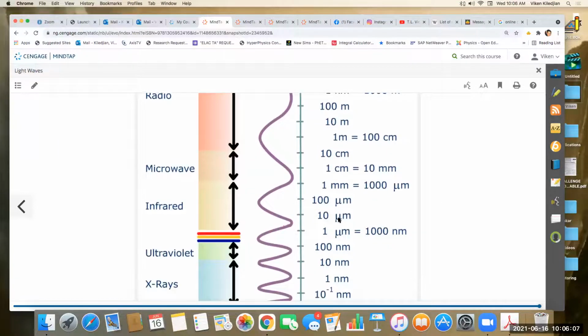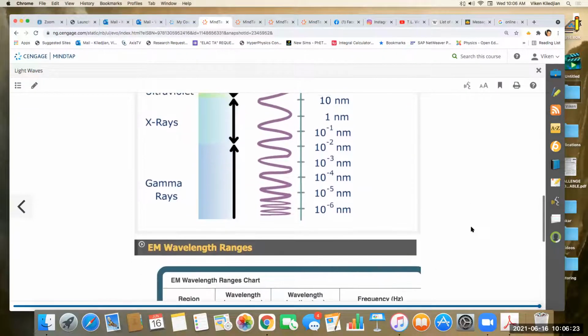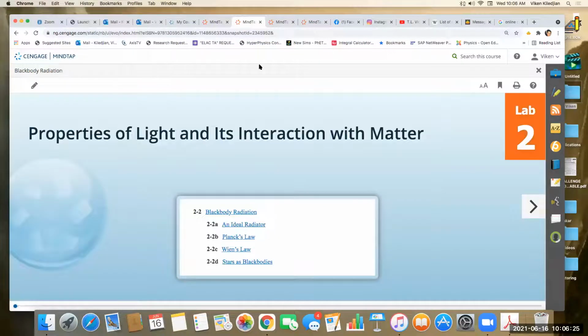Yeah, this symbol right here. See, micrometer, micro, right there. That's 10 to the minus 6 meters. Nano is already given in that first lab. That's 10 to the minus 9 meters. And then here we're being introduced to the angstrom. But I think I must have jumped the blackbody radiation. Hold on, let's go back to blackbody radiation from the start.